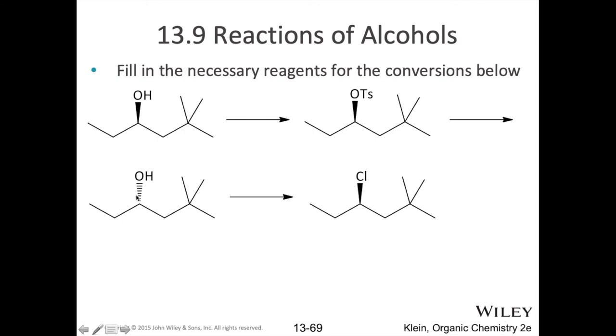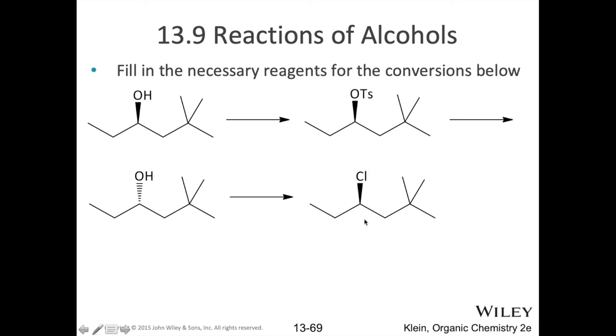Okay. Now we have an alcohol again, and we want to swap it out for a chlorine. Okay, and notice the inversion of stereochemistry again here. Of course, though, this is not a good leaving group, and if we did this using, let's say, HCl, we wouldn't get this stereochemistry exclusively.